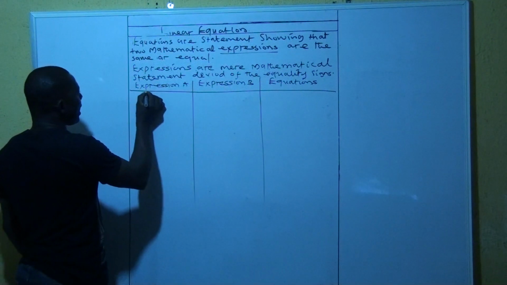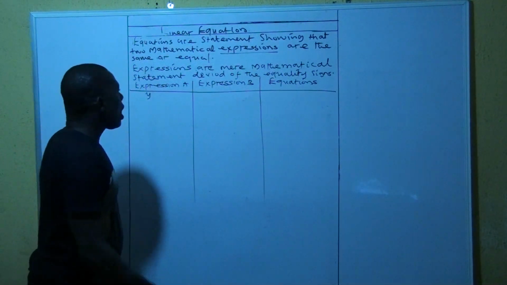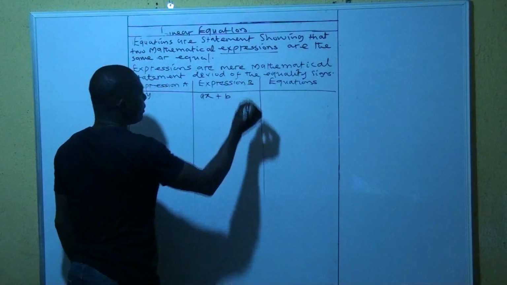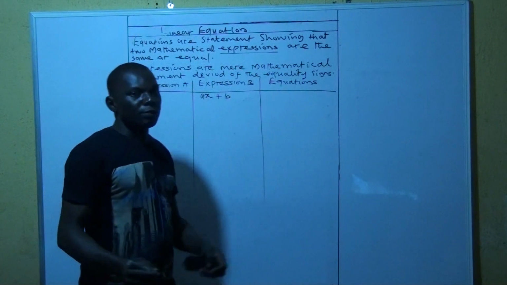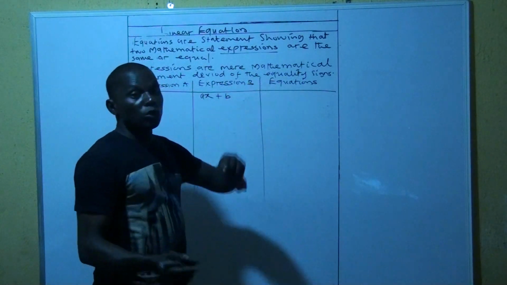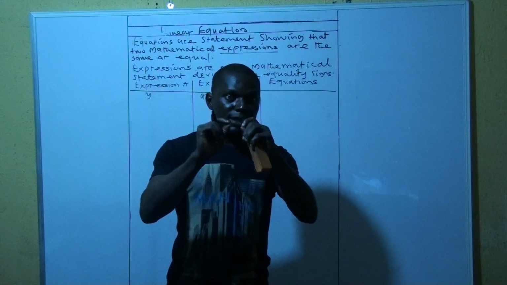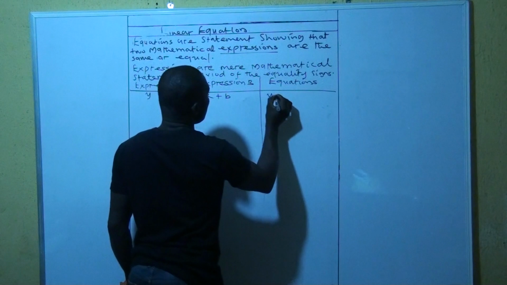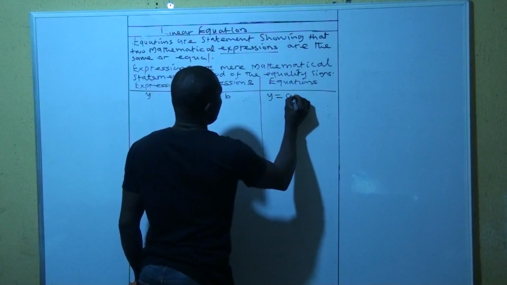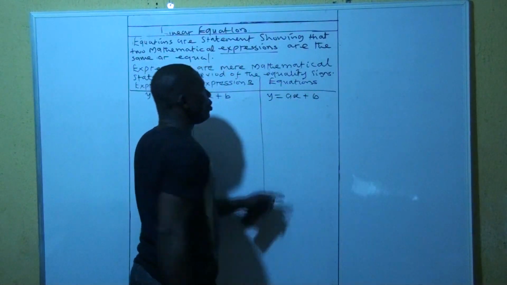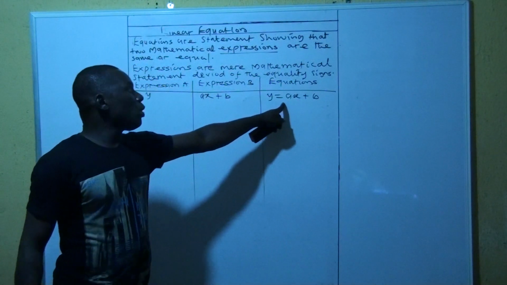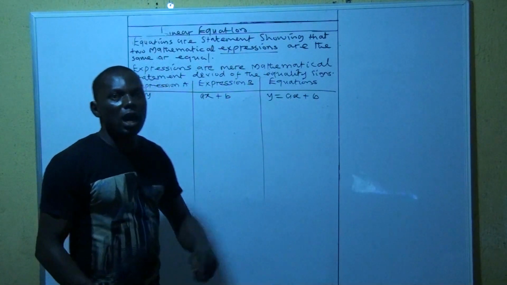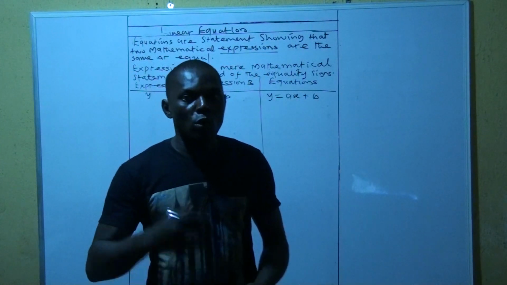If we have y here, this is one expression. We have ax plus b. To obtain an equation from an expression, we just insert an equality or inequality sign. So we obtain y equal to ax plus b. The moment we insert an equal to sign or any of the inequality signs between two expressions, they become an equation. We must know this.